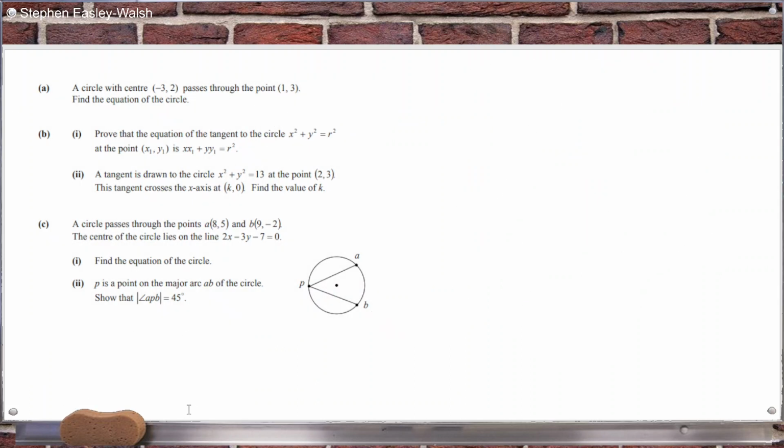You've got a circle through A and B, and the center of the circle lies on that line. Find the equation. What would be the easiest way now?